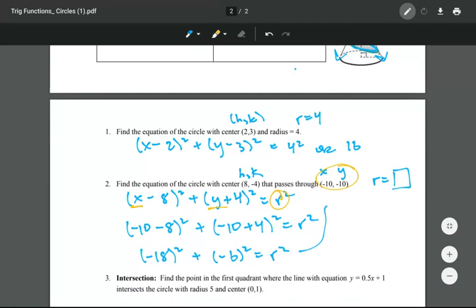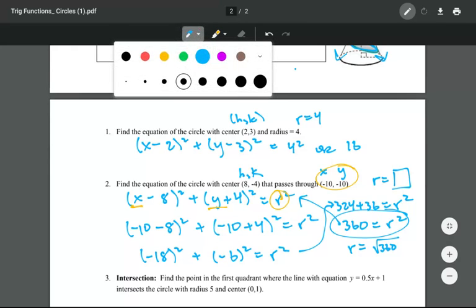So this is going to give me 324 plus 36 is equal to r squared. If I add those together, I get 360 equals r squared. It's actually all I need. I don't need to know what r is. R is the square root of that number, but all I need for my equation is r squared, and that's going to go right here.